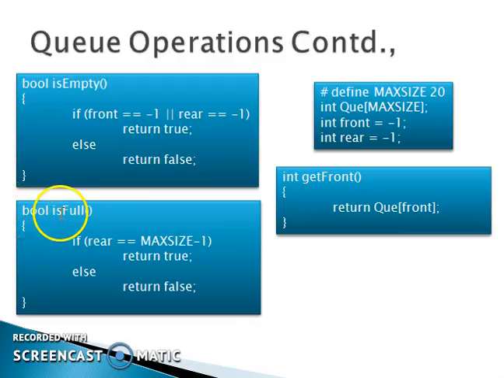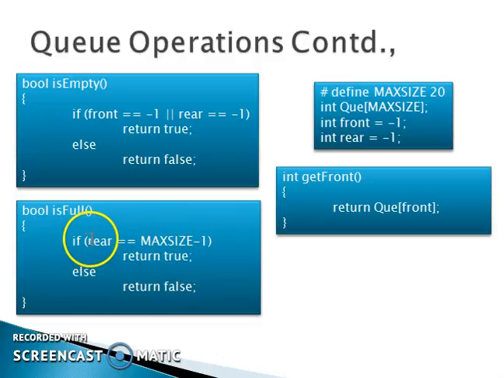The second operation is to check if queue is full. The function is full function. Whenever queue is full, then rear points to the last element in the queue. So already we have declared maximum size of the queue to be max size, and since we are implementing queue by means of array, the starting index of the array is at 0 and the last index could be max size minus 1.